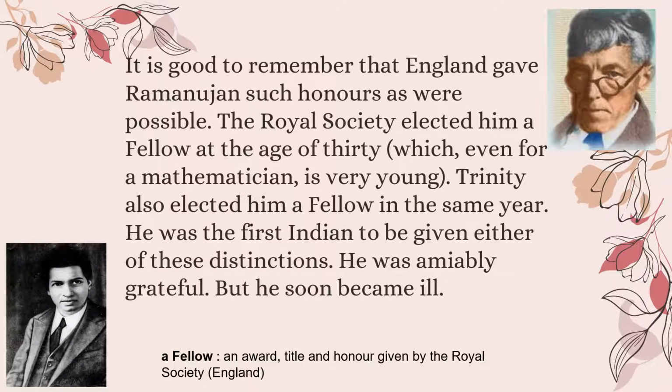Trinity College also had elected him a Fellow in the same year. He was the first Indian to be given either of those posts and titles, though in the background of India being a colony of the Britishers. He was happy and grateful, but soon after that he became ill and fell severely sick.